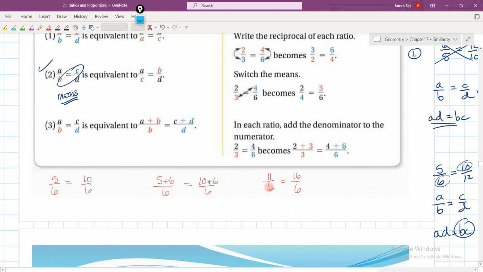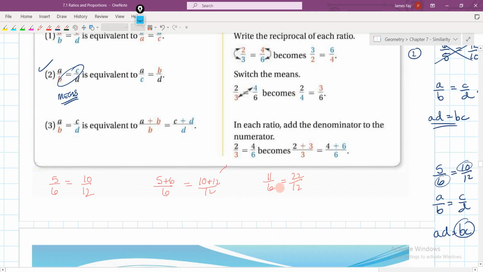16/6. Okay, so when I multiply these, no, I don't know. This was wrong. This should have been 12ths there. Sorry, 12. So this would have been (10 plus 12)/12, and this then becomes 22/12.